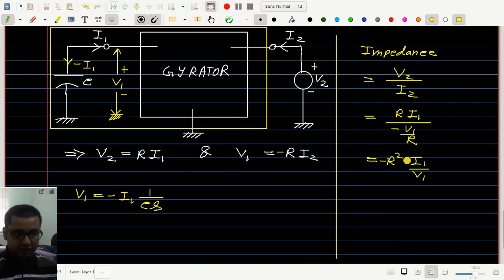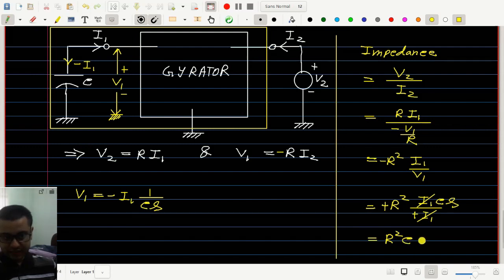Okay? Then here I can write this as minus R square I1 divided by V1, which is minus I1 divided by Cs, like this. Now minus minus goes away, I1 goes away. So we have R square Cs.